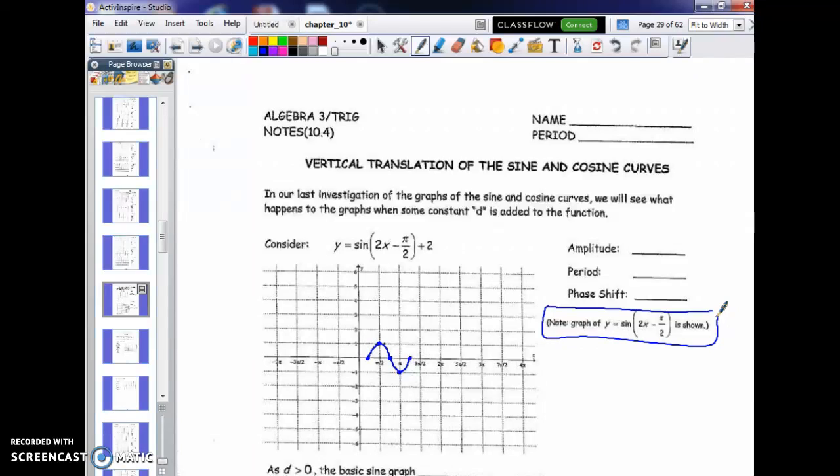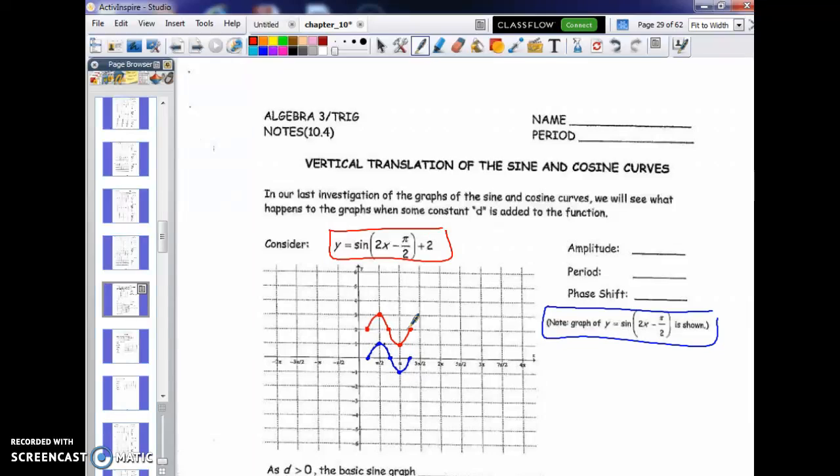Now I'm going to show you what y equals the sine of 2x minus pi over 2 plus 2 is going to look like. As I graph this, in red is y equals the sine of 2x minus pi over 2 plus 2.